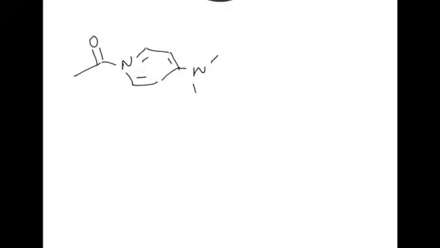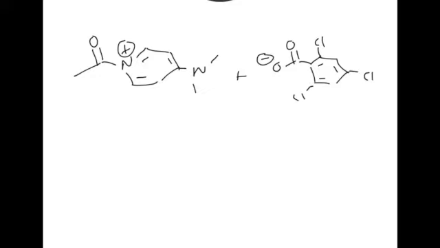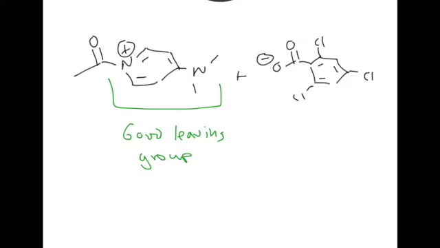is you get DMAP, positively charged, on your carbonyl carbon, plus you have your anion that you spat out. So this DMAP that is now stuck to your carbonyl carbon is a really, really good leaving group.